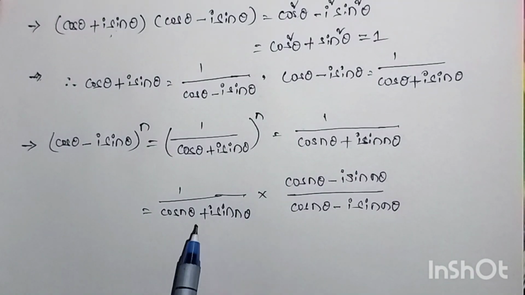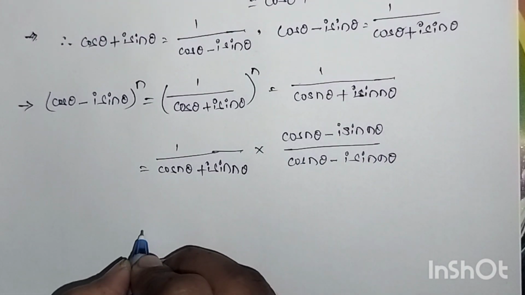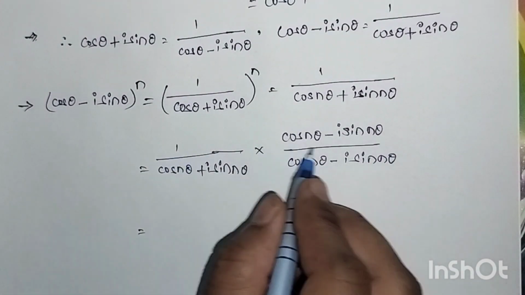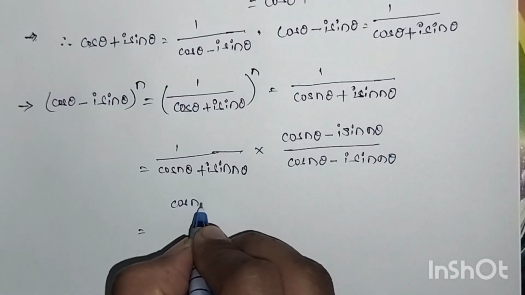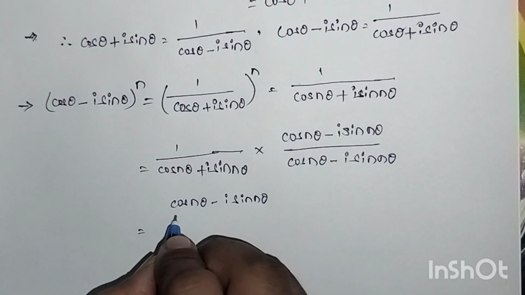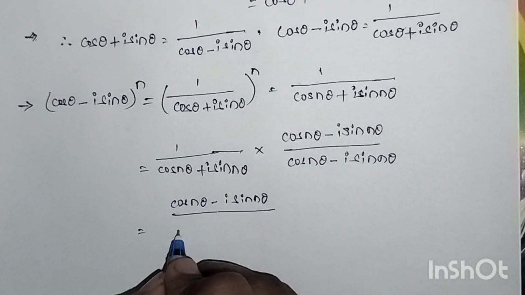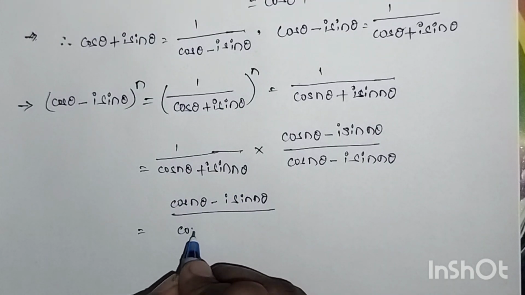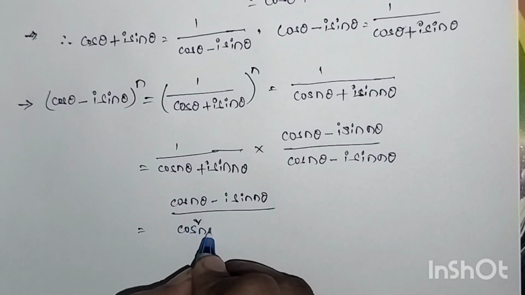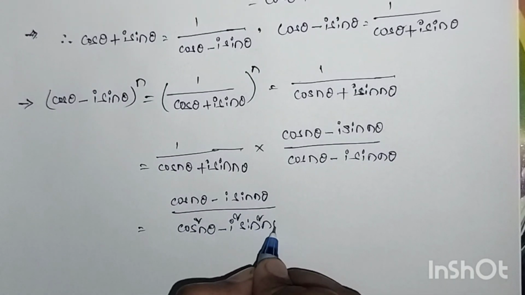When doing the rationalizing factor, plus becomes minus and minus becomes plus. That equals 1 into (cos n theta minus i sin n theta) by, this is in the form (a plus b)(a minus b), so a square minus b square, that is cos square n theta minus i square sin square n theta.